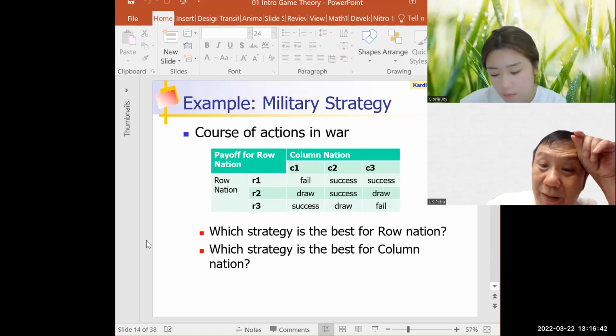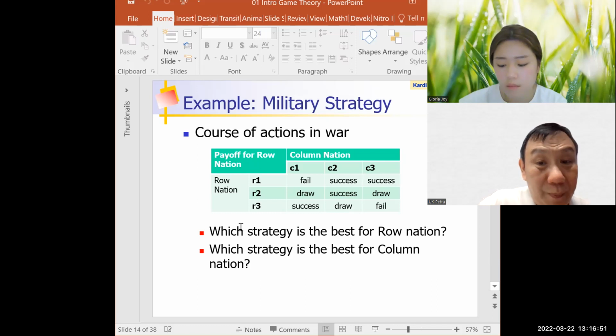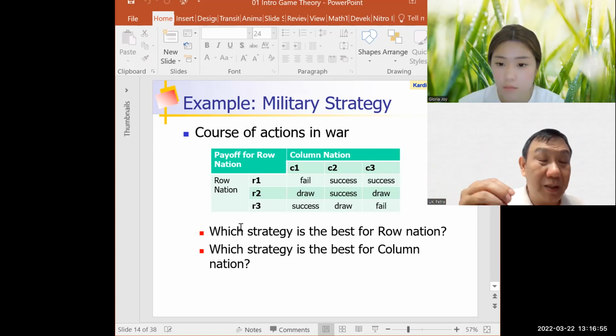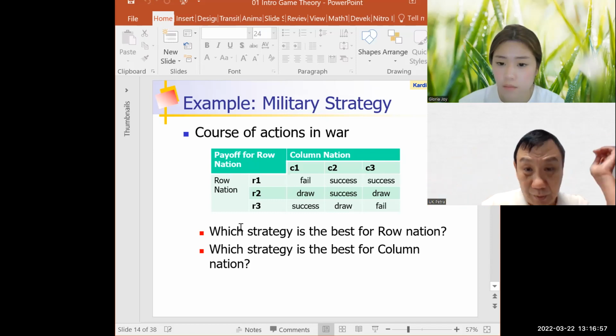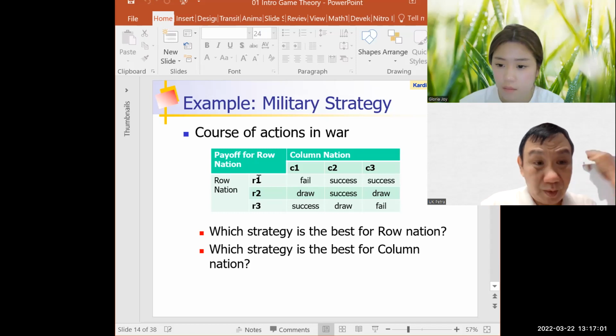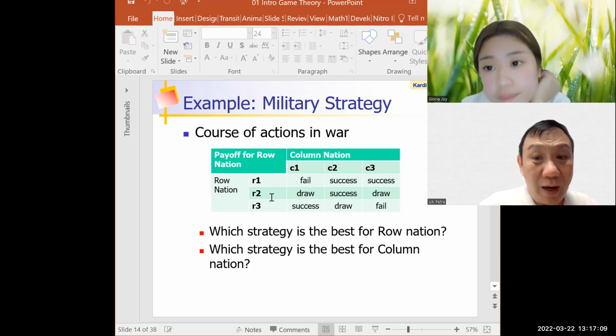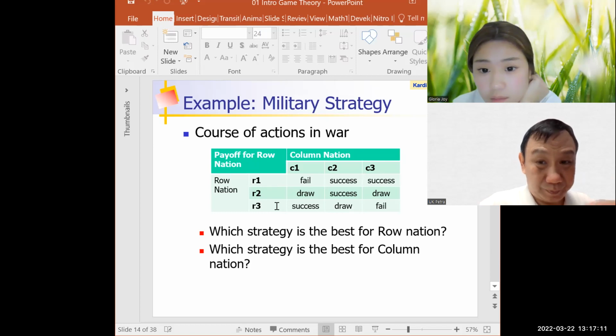Example here. Okay? So in my examples, I always use a table. So in that case, I will say row and column. Okay? Instead of giving a name, I just name it row and column. So say row nation will have, in this example, three alternative choices: R1, R2, R3.